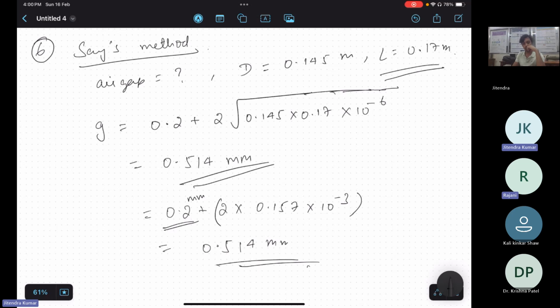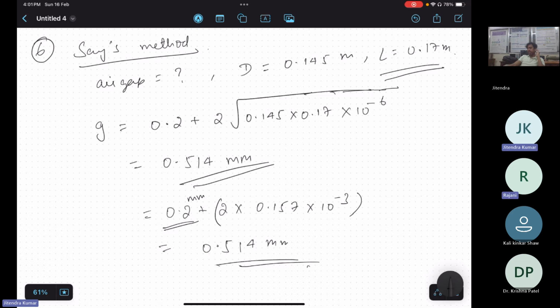But I'm getting 0.2. You are getting 0.2. Yes, sir, 0.2 I'm getting. First one, 0.145 into 0.17. So under root, if you calculate with this, how much are you getting? Under root I'm getting 1.57 into 10 power minus 4.